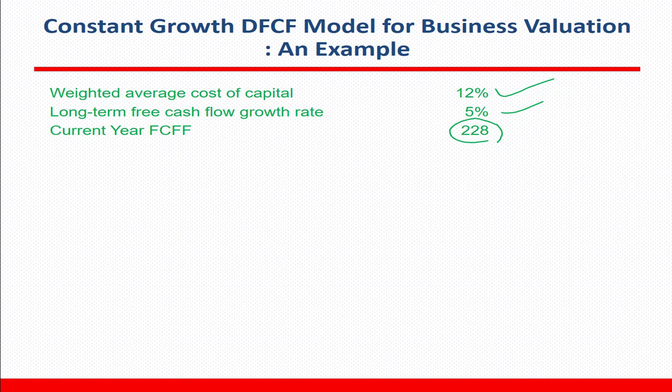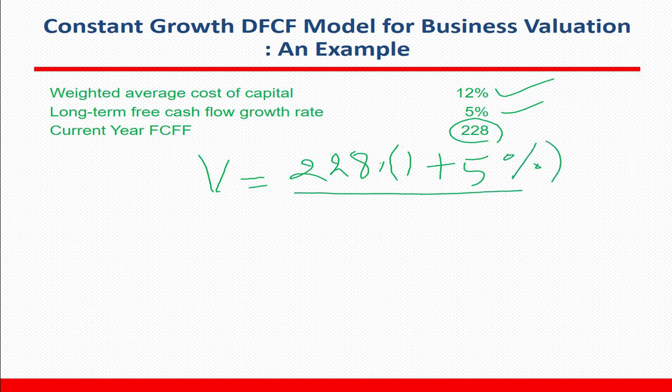If you remember the formula, the value is simply equal to this period's cash flow, which is 228, times 1 plus the long run growth rate of the cash flow, which is here 5%, over the cost of capital, which is 12% minus 5%.